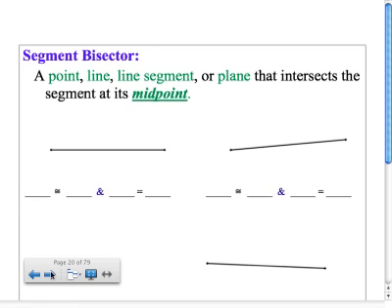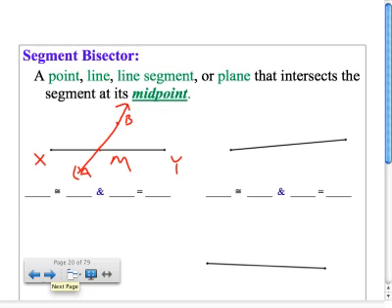A point, line segment, or plane that intersects the segment at its midpoint is called a segment bisector. So if we call this first segment XY, and we say that point M is the midpoint, and that the segment bisector is line AB, then line AB is a segment bisector.